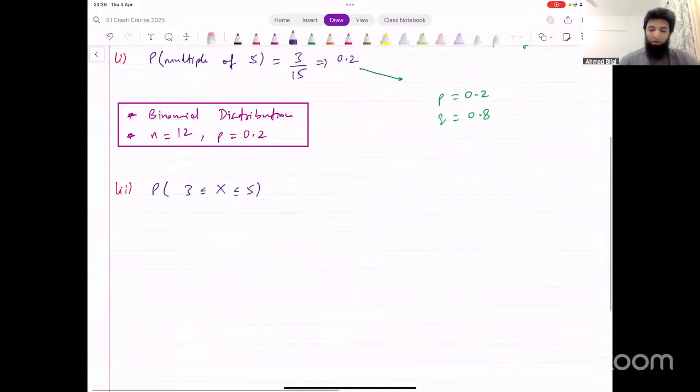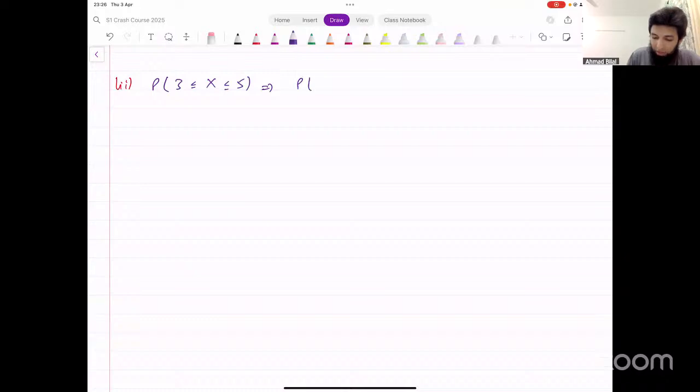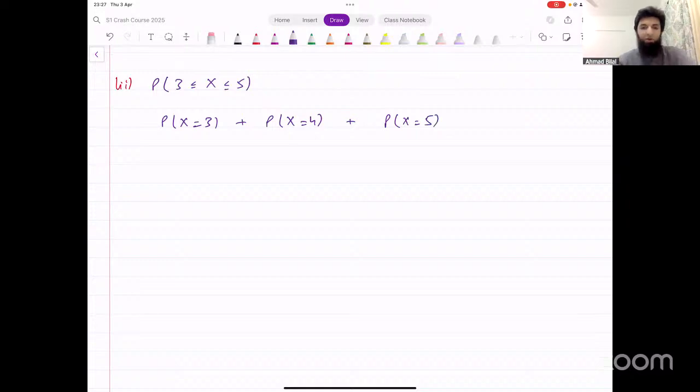No. What we have to do is find these three probabilities. Probability of x being equal to 3. That's one possibility, right? Between 3 and 5 means it could be 3, or it could be 4, or it could be 5. These are the three possible cases that we can have, right? The value of x could be 3, it could be 4, it could be 5.